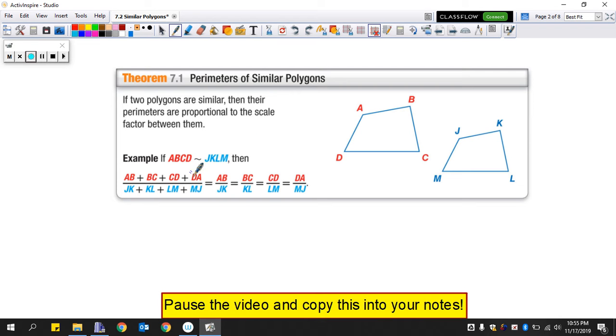So if ABCD is similar to JKLM, then if you add up AB plus BC plus CD plus DA, the distance all around this, and set it up as a ratio to JK plus KL plus LM plus MJ, that's going to have the same proportion as each of the corresponding sides do. So AB to JK, and so on for each of the sides. So pause the video and copy this into your notes.